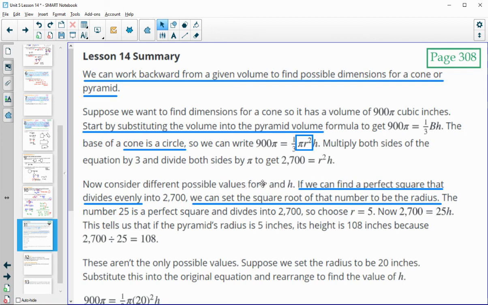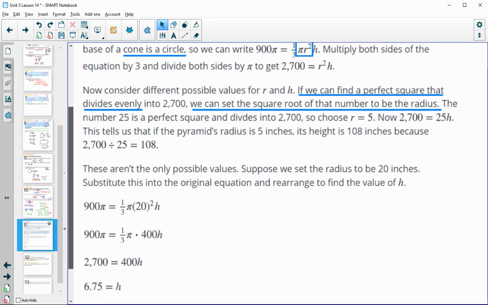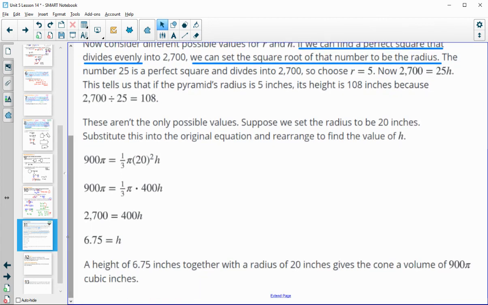So if we knew a height, we could divide the volume by that height, multiplying by 3 to get rid of that third. And then if we did the square root, we could use that as the radius. Then make sure you just plug it back into the volume formula to make sure that it works.